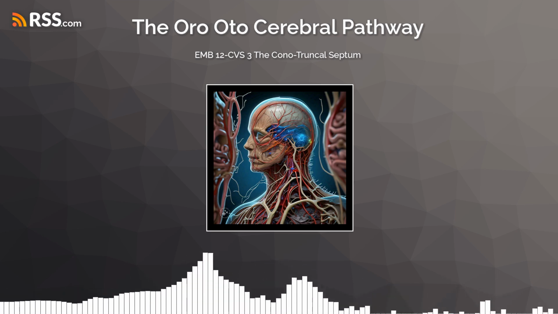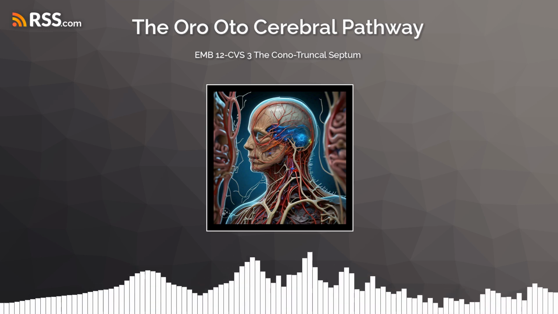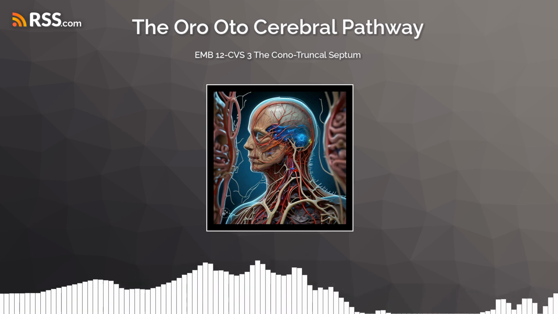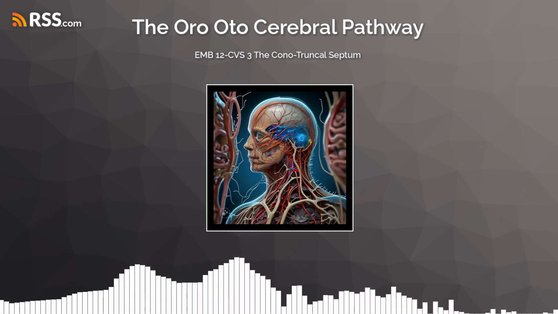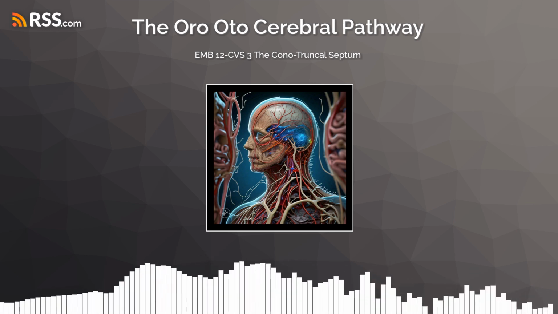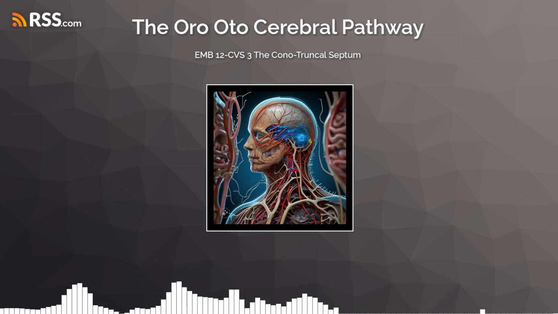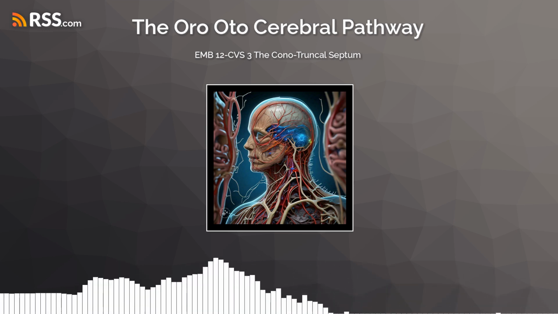The persistent truncus arteriosus is usually accompanied by a membranous ventricular septal defect and is associated with marked cyanosis.